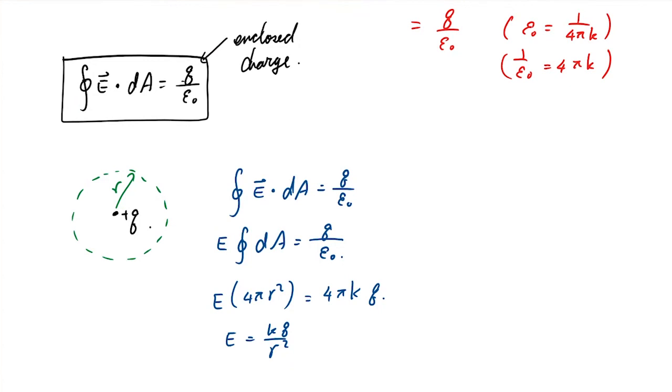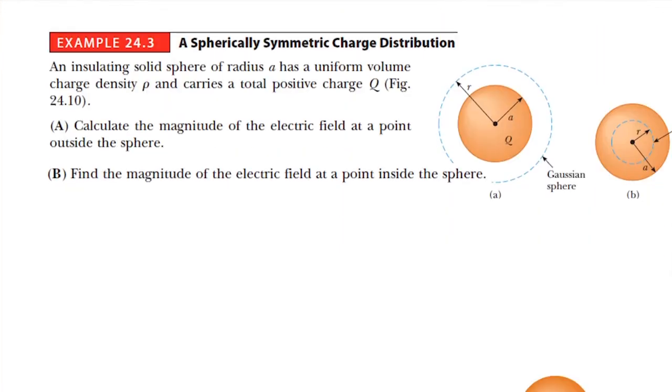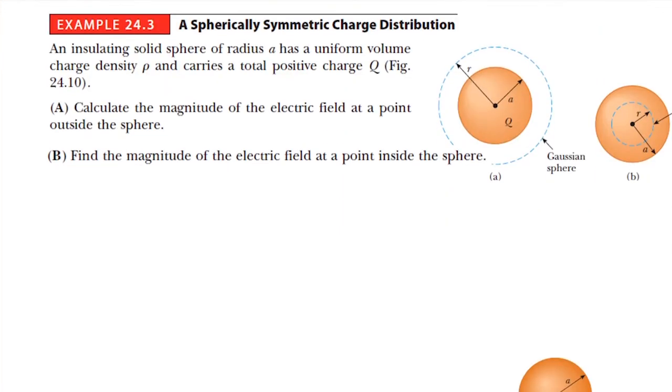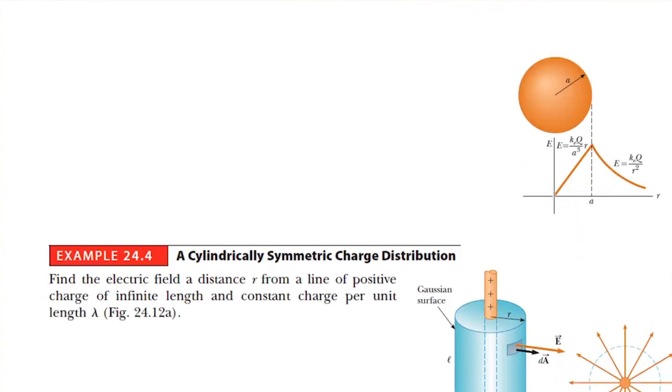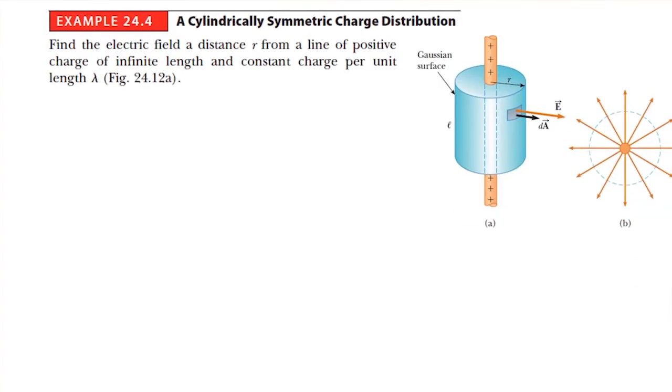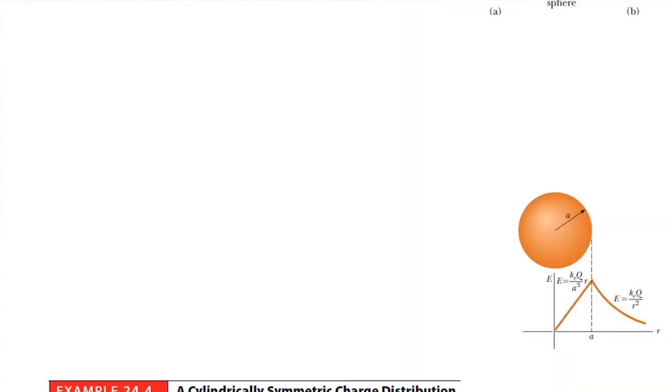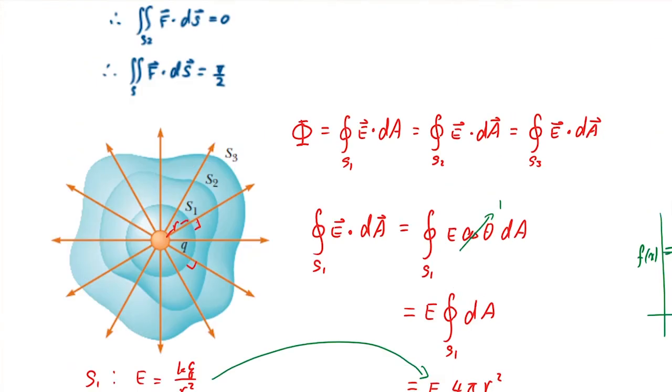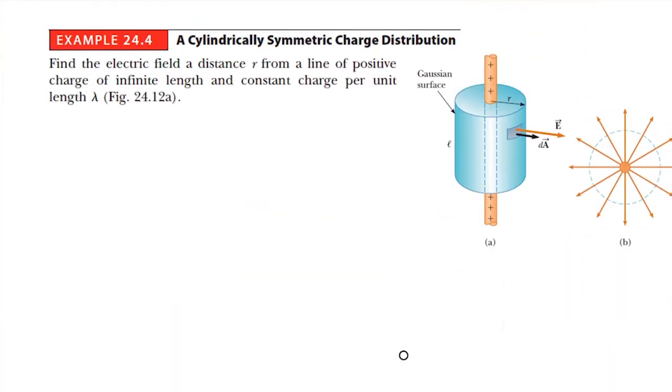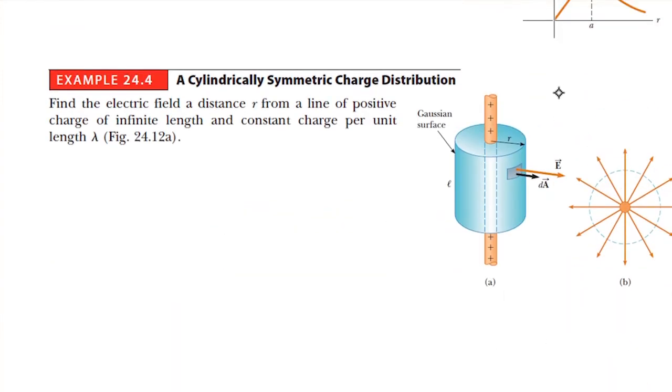Okay? But remember infinitely long wire? Let's do that one. We'll do this example, I guess, next time. And then we'll just do infinitely long wire. Okay? Does anybody remember the answer, or should we go up and copy it? kQ over R. What was it? Is it kQ over R?